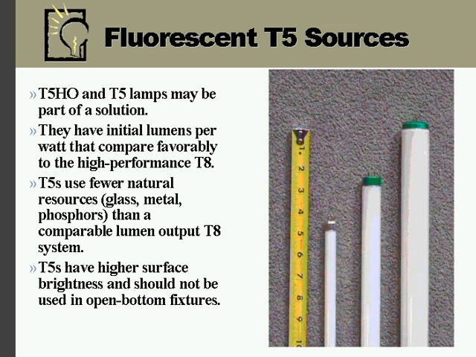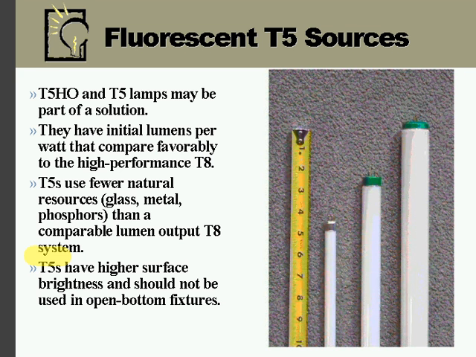You have to be very careful because T5, especially the T5HO, have extremely high surface brightness, the lamp itself. So you don't want to be able to see the lamp when you're in the space. If there's some kind of diffuser, some type of glass, some type of louver system below the lamp, so you're not looking at the lamp, it's okay to consider the use of T5.